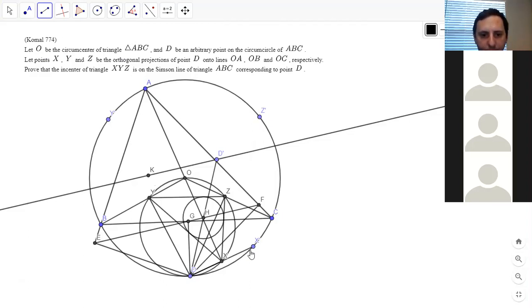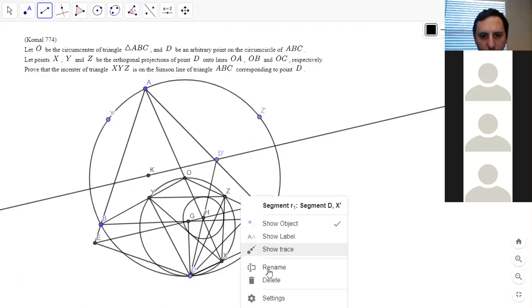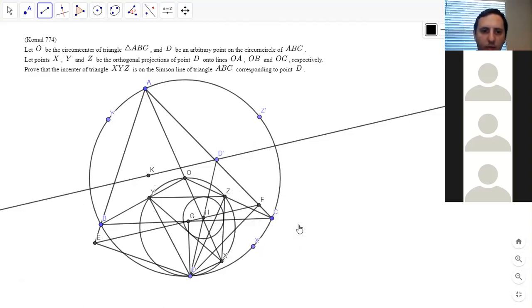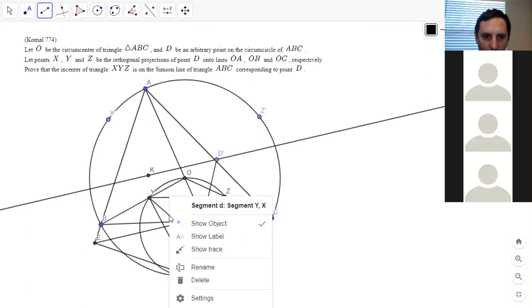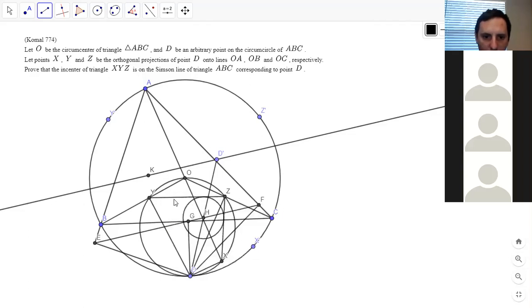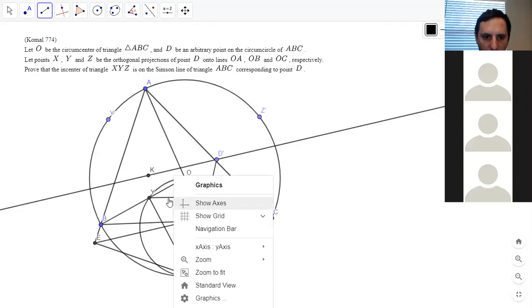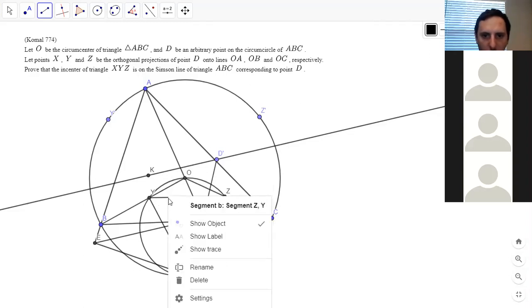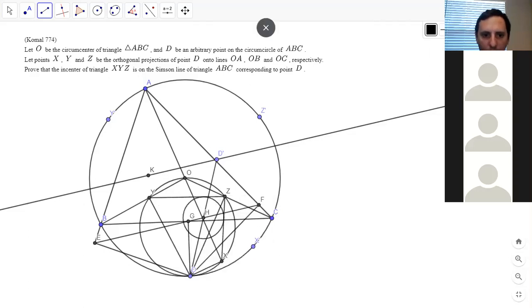So, okay, X, Y. Actually, we don't need X, Y, Z if we use homothety, so we can delete them. We can use X prime, Y prime, Z prime. Okay, so basically, we'll just use X prime, Y prime, Z prime, and then we can delete X, Y, and Z, right?